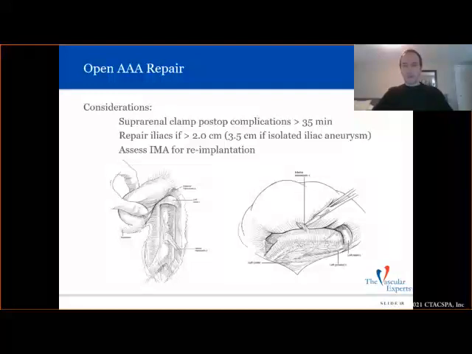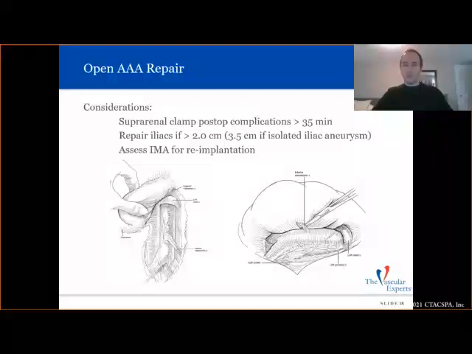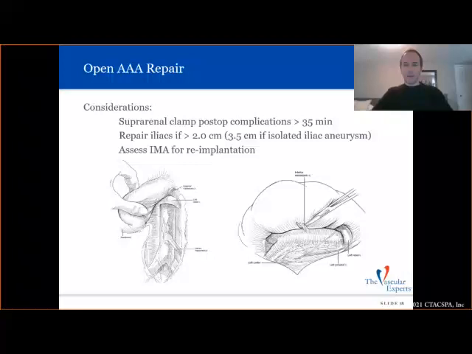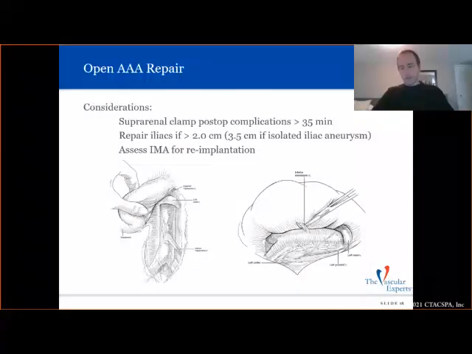arteries. And then the IMA is always a consideration because it's one vessel that's not routinely revascularized. Intraoperatively you would ligate it, or you would open the vessel and look at it. You're trying to assess whether you're going to reimplant the IMA or not.